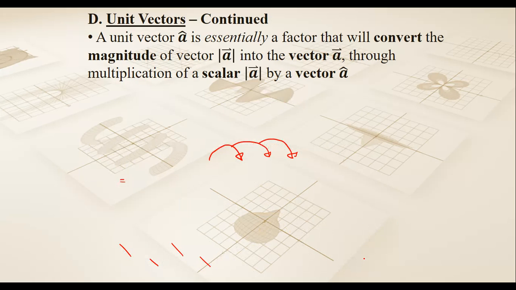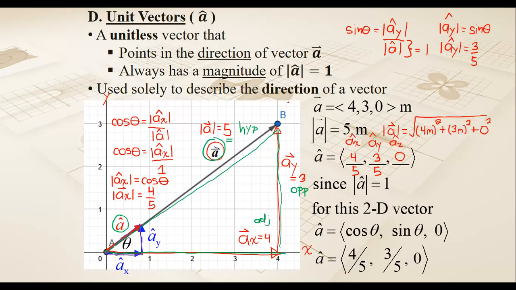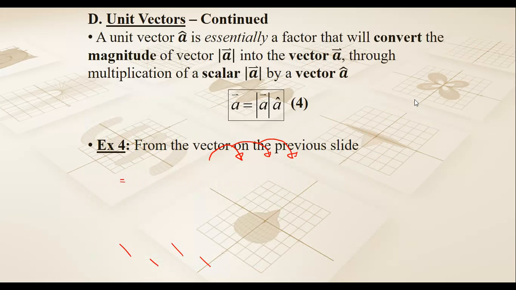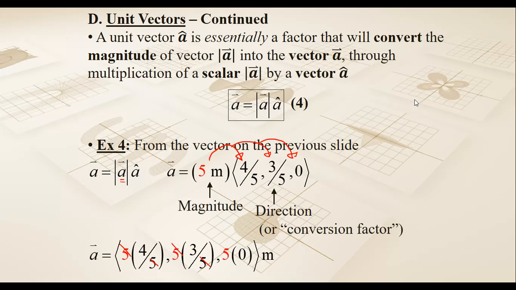And if you go back to the previous slide, that was indeed that vector in three-dimensional notation. So once again, one significance of a unit vector, and there are other reasons we use them too, is that if you take the magnitude of a vector and multiply by its unit vector, you can actually form the vector where I have its direction and its magnitude represented by this ordered triple.